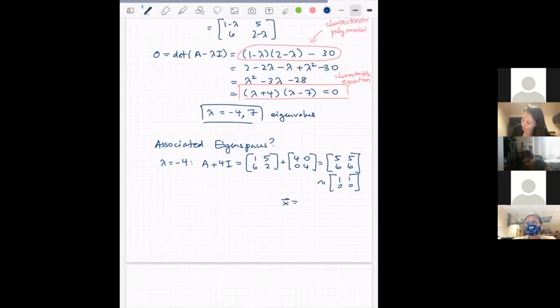So your general solution here would be t times (1, -1). And the eigenspace is then just the span of this one vector, the span of (1, -1).